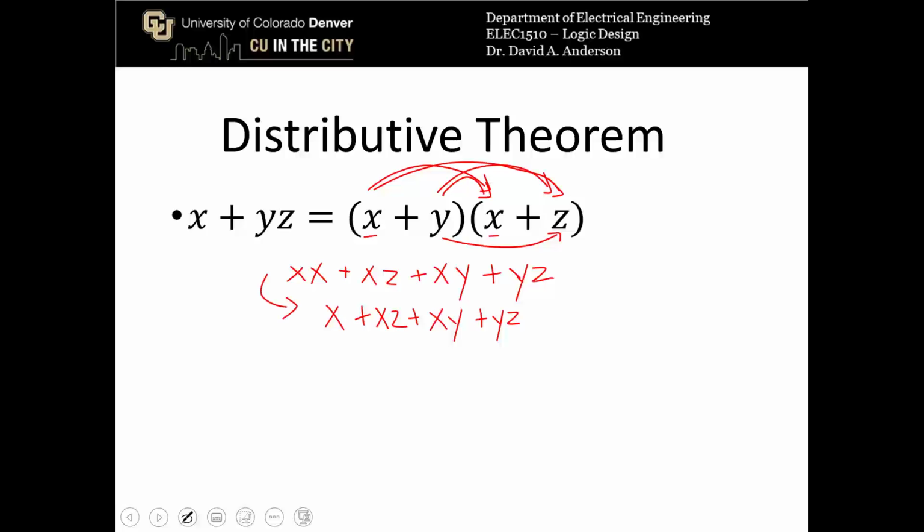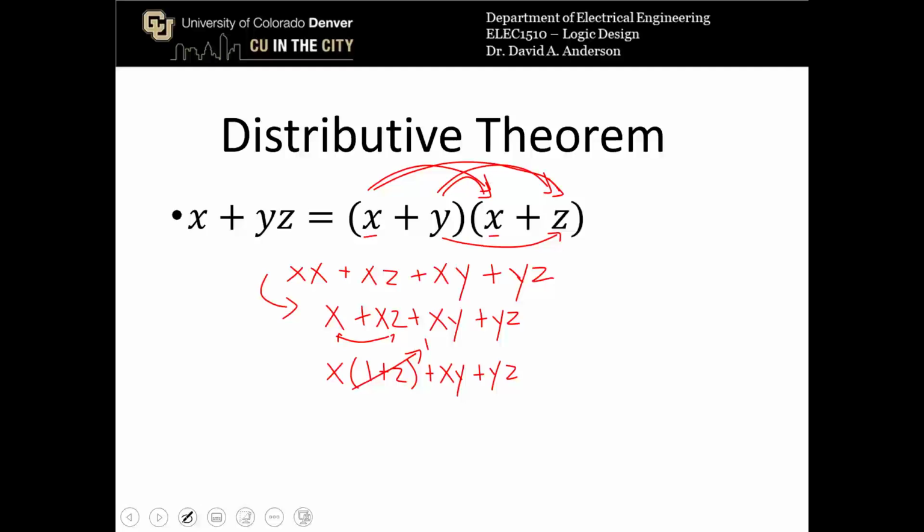Okay, so then I can factor out an x from these two terms to get x times 1 plus z plus xy plus yz. Now 1 plus z, 1 plus any variable, is just equal to 1.